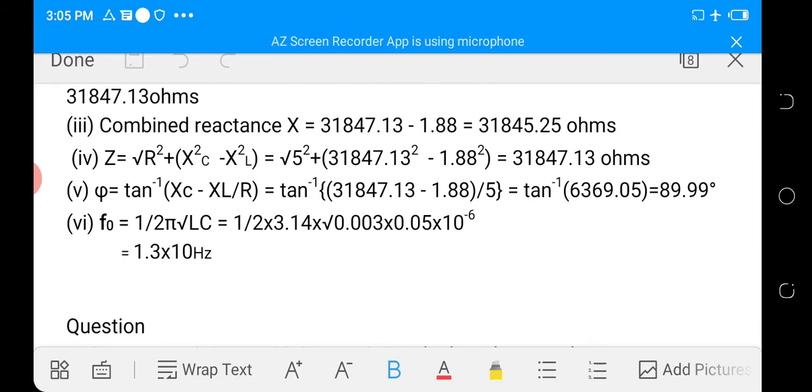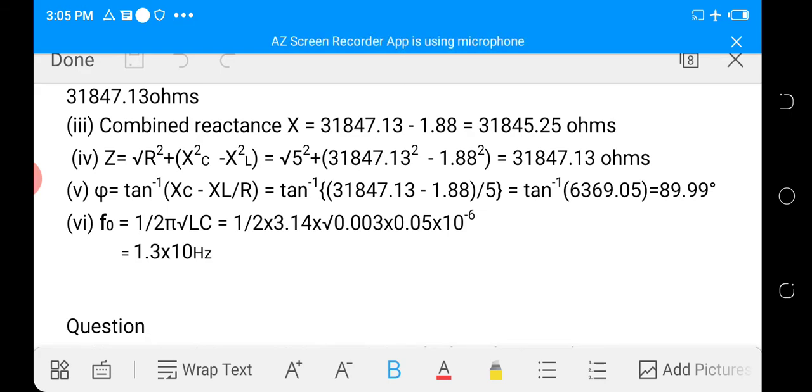And when all these parameters are substituted, we have the value of our impedance to be 31,847.13 ohms. You can see that there is no change in our impedance and our capacitive reactance, because our inductive reactance is so small, so it has little or no effect at all.